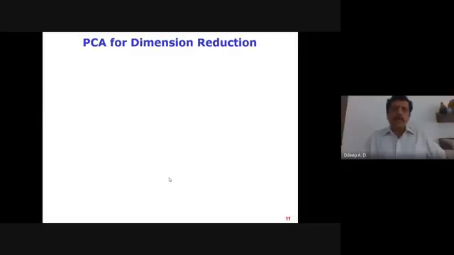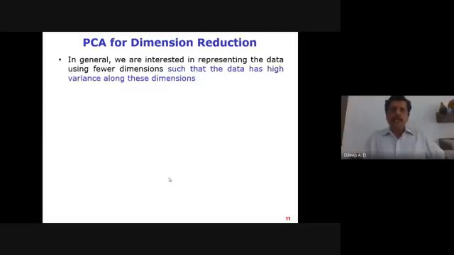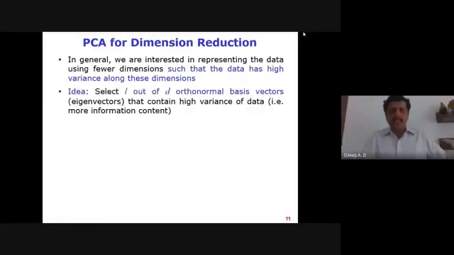Which item gives me the maximum information content? The corresponding eigenvalues. So we select L out of the d orthonormal basis vectors, that is, the eigenvectors, which have the high variance in the data.